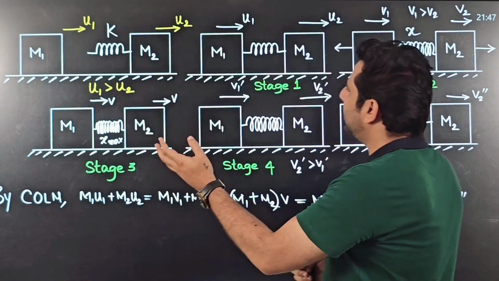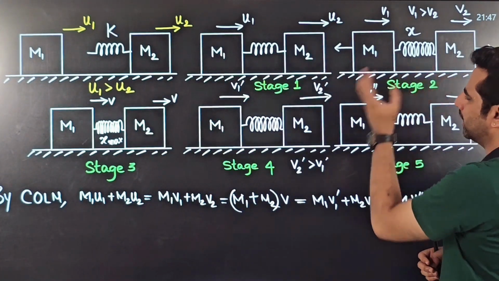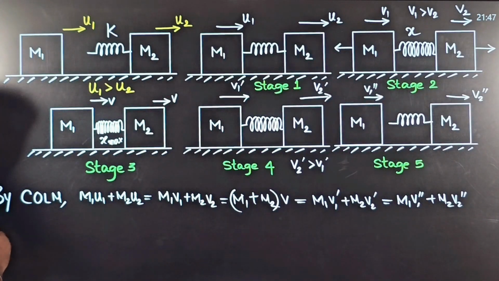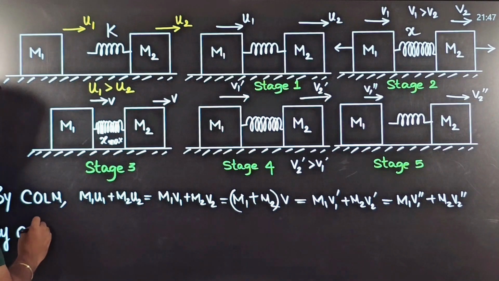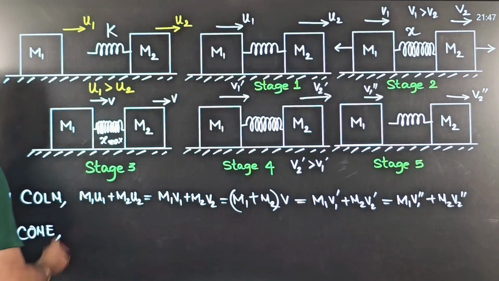So the kinetic energy is converted to spring potential energy, and again spring potential energy is converted to kinetic energy. So by conservation of mechanical energy at every step, I use the shortcut COME for conservation of mechanical energy. So COLM is conservation of linear momentum, COME is conservation of mechanical energy.